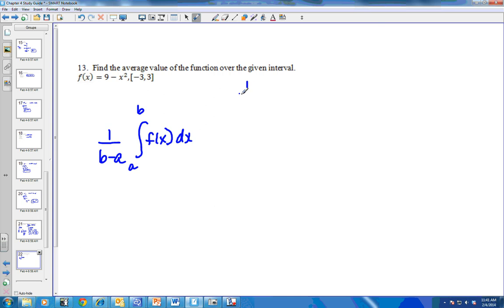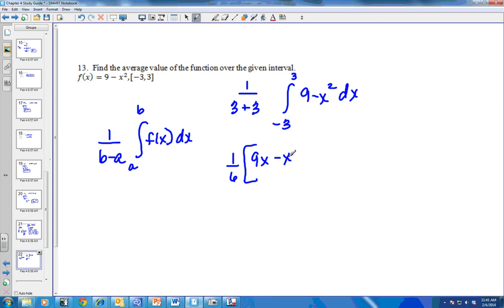So 1 over 3 minus a negative 3, so 3 plus 3, from negative 3 to 3 of 9 minus x squared dx. So I have 1/6. When I integrate, I get 9x minus x cubed over 3. And I'm evaluating from negative 3 to 3.